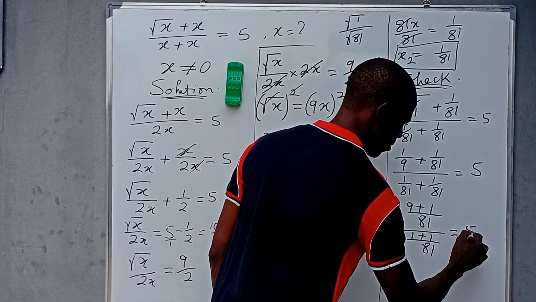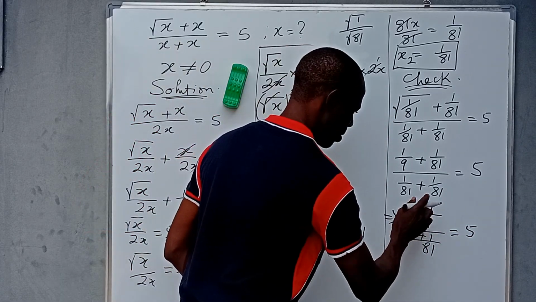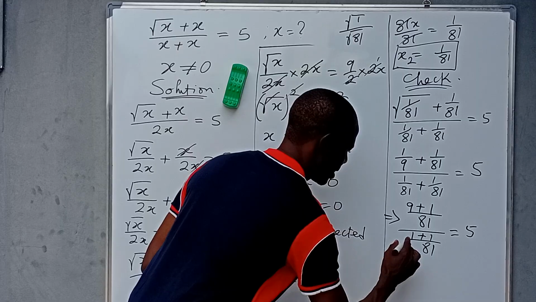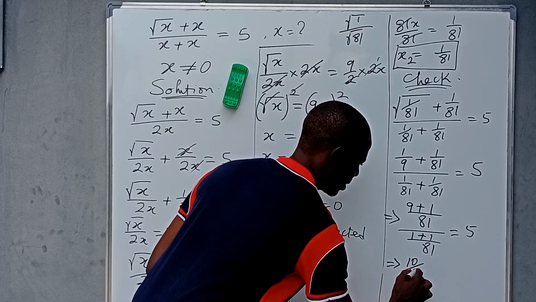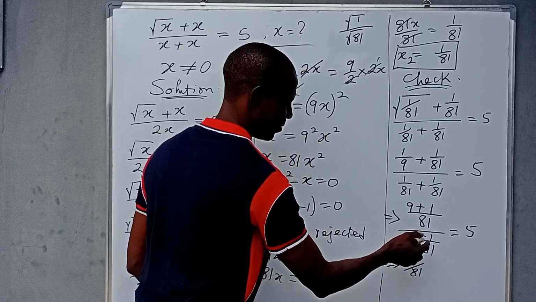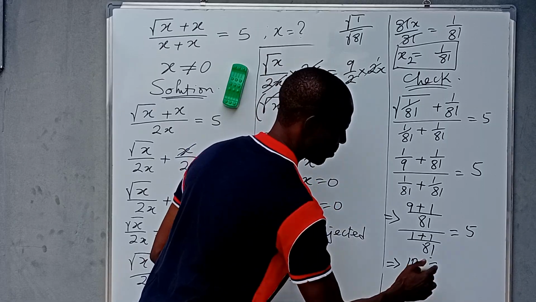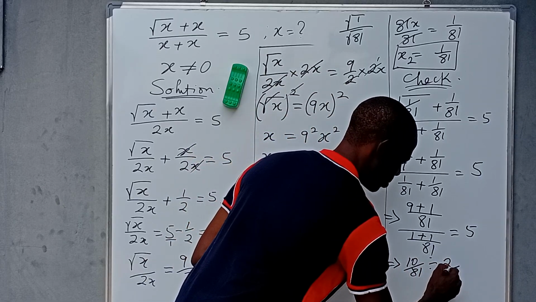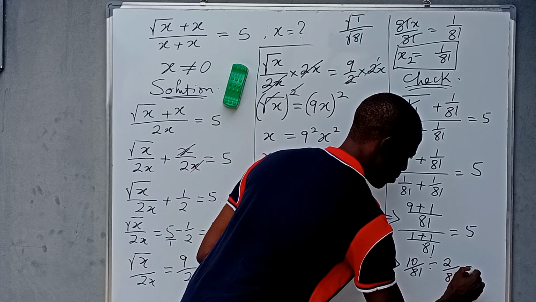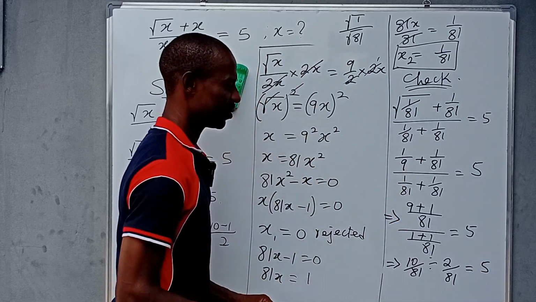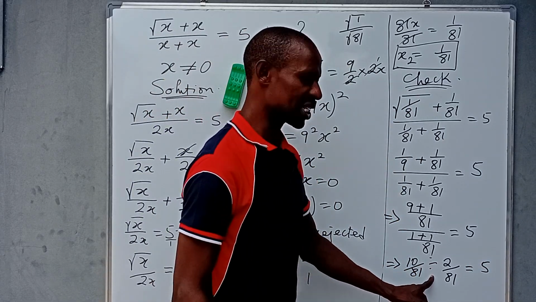Everything equal to 5. If we sum up, this now implies 10 all over 81. Then this is our division sign. So divided by, adding this gives us 2 all over 81 equal to 5. We want to change this division sign to multiplication.